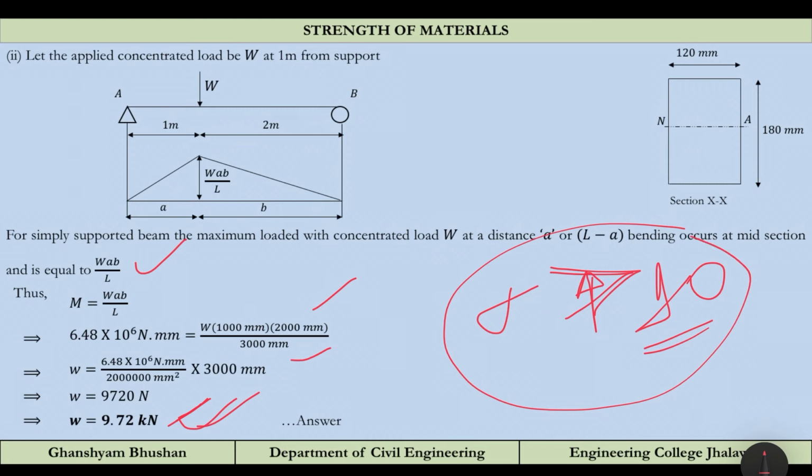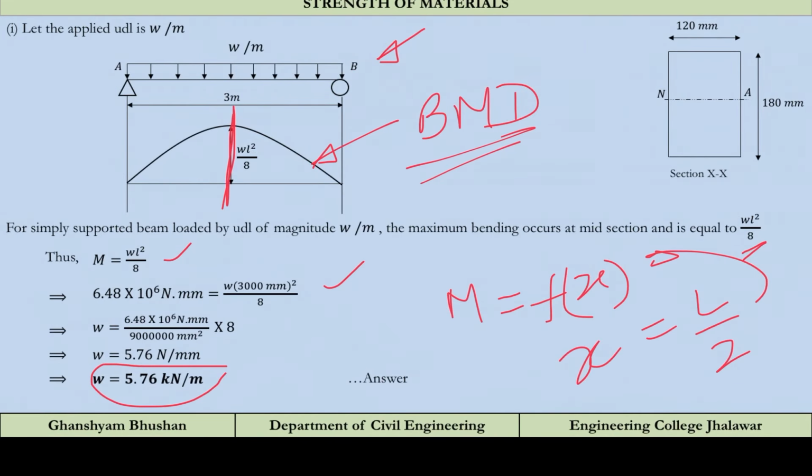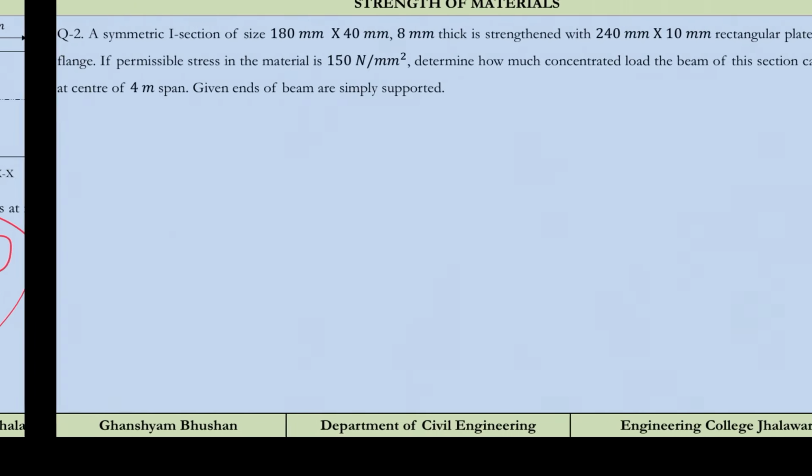The material of the beam will fail if the stress generated in that particular beam is greater than 10 megapascal. So the maximum load allowed is 9.72 if it is a concentrated load acting at 1 meter from the support, and in case of UDL it will be 5.76 kilonewton per meter. In this way you can solve these types of problems.